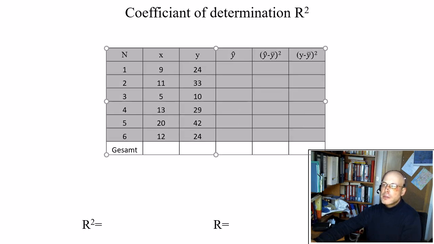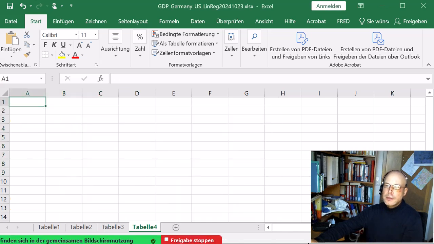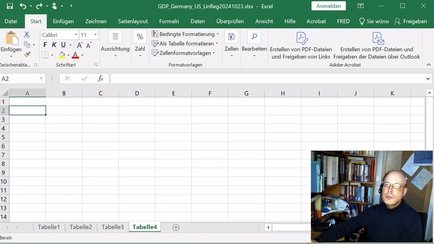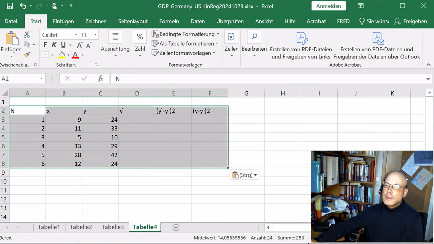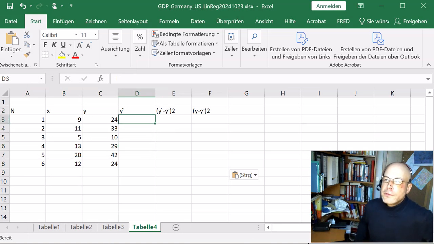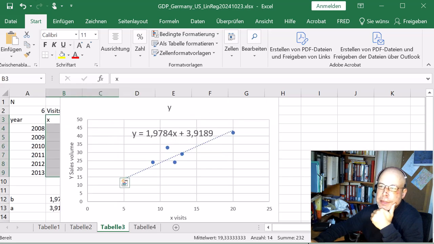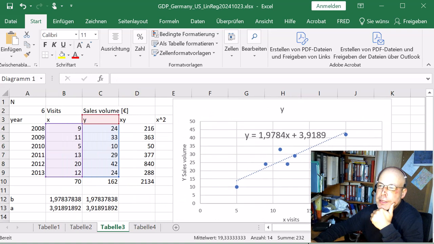So this I can also copy, and then let's go into the next one. Oh, this is too large. This is nicer. So first of all, we have to calculate our theoretical y lying on our fitted line, and this we have already done here.